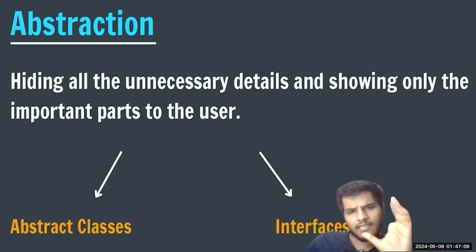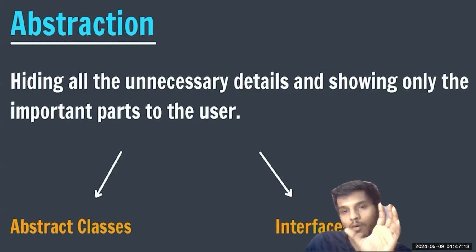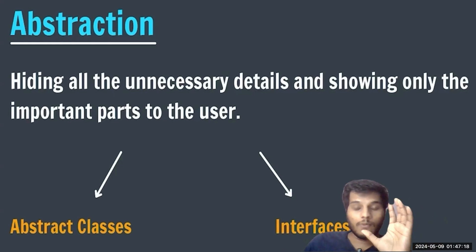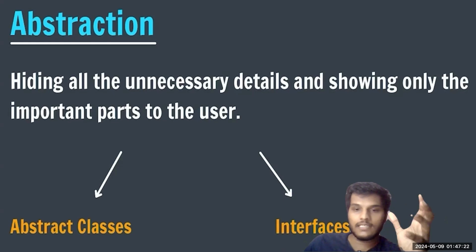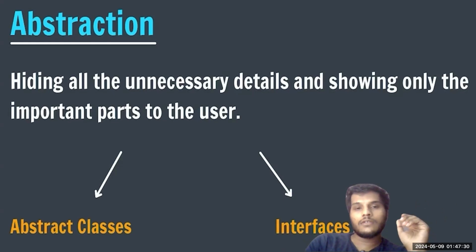So this is abstraction in action. We hide all the complexity of how the internal circuitry works, and only provide a simple interface for users, like on, off, volume up, volume down. So that is abstraction.